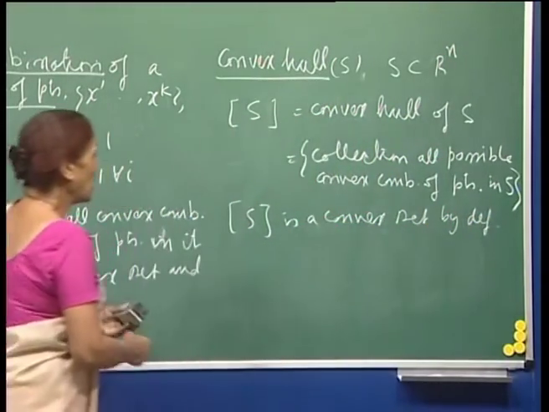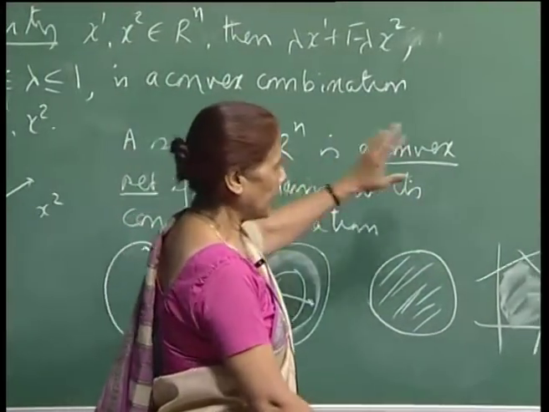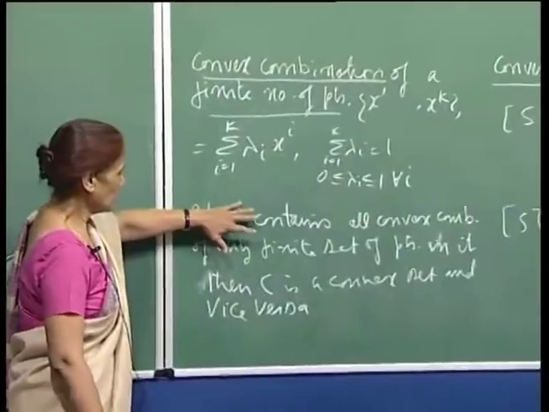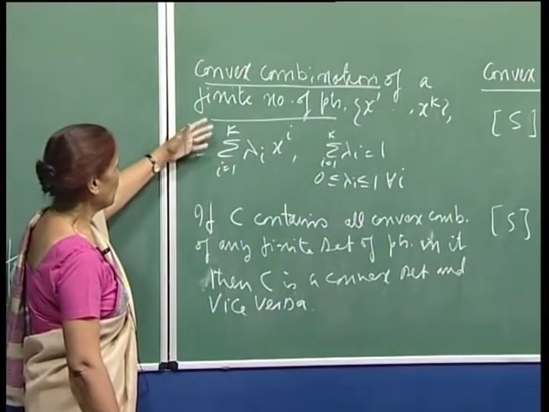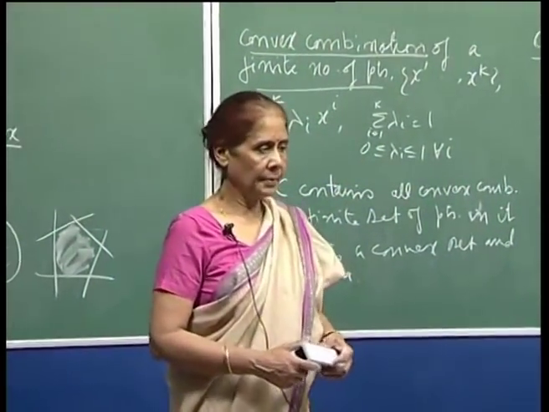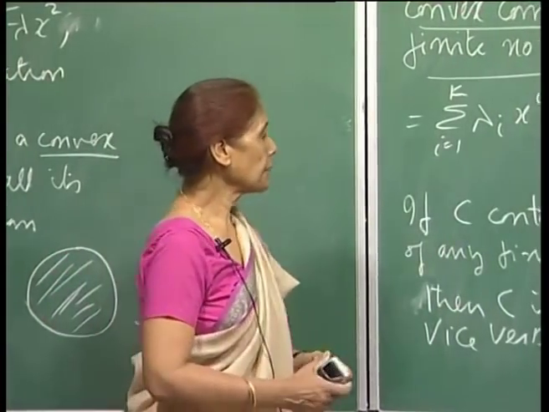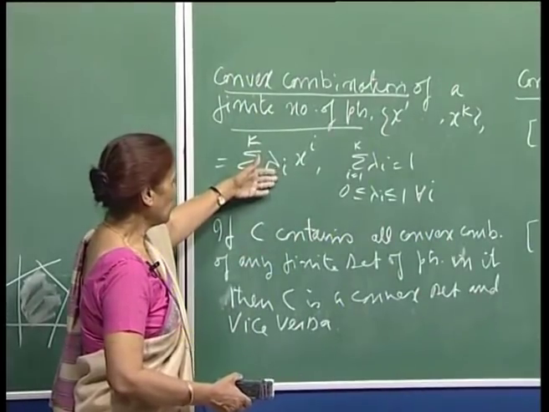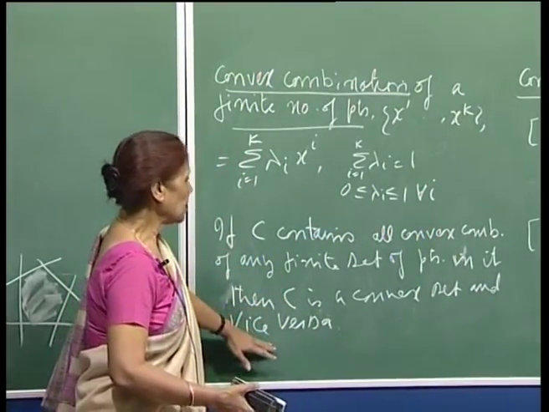Remember, I gave this definition for a convex set, and there is a lemma or theorem which says that if you take a convex combination of finite points in S, and this convex combination is in S for all possible such combinations, then the set is convex.